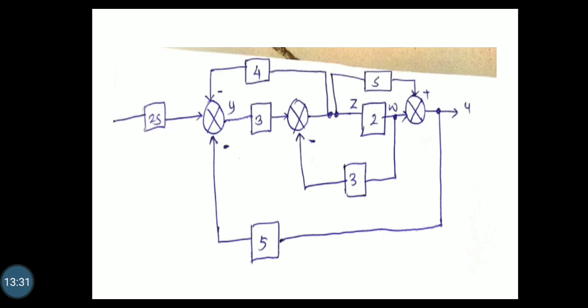Lastly y. This is how to draw the block diagram from the given signal flow graph. You can see here how they have been joined. So whatever we have studied, we have to join all those, and we'll get the complete block diagram.